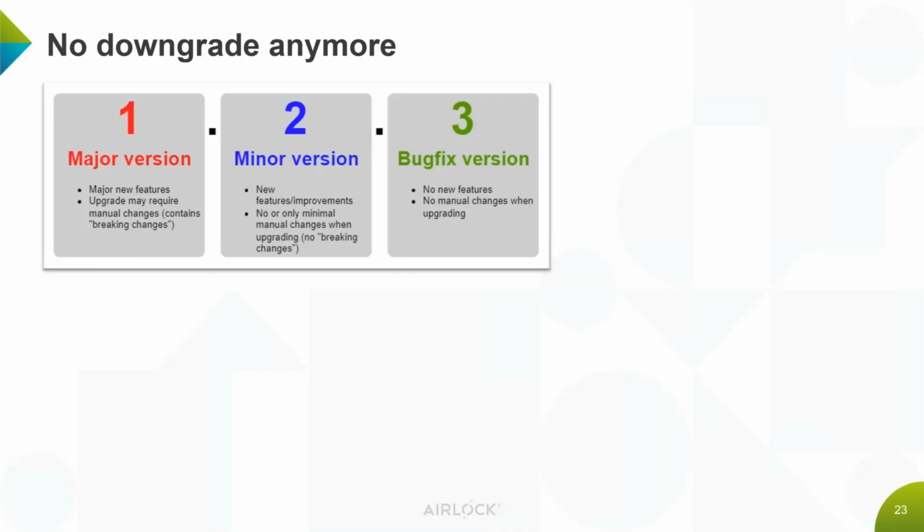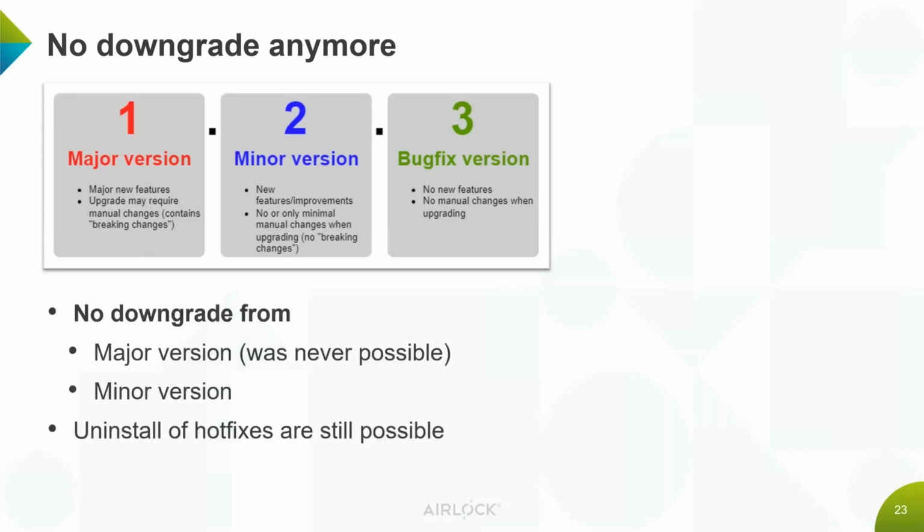With version 8.1, it is not possible anymore to downgrade from a minor version to the previous version. So if you install 8.1, you cannot downgrade anymore to 8.0. The reason is that the operating system underneath does not support that.